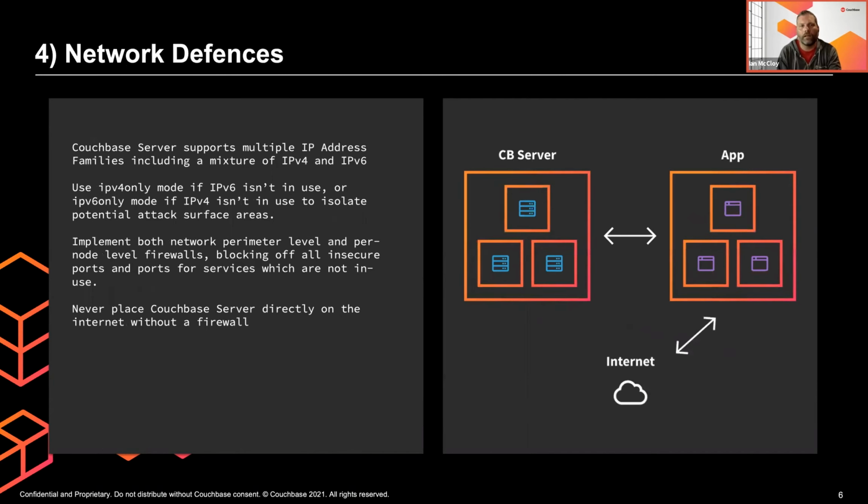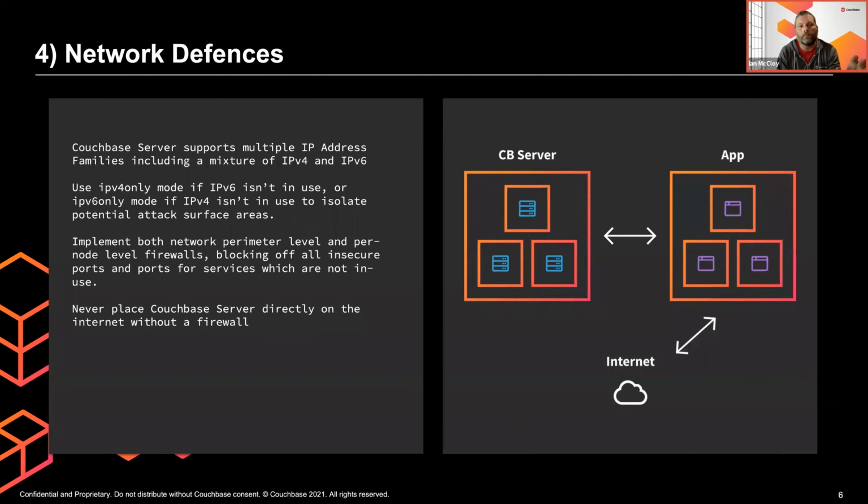The next area we're going to look at is network defenses. Network defenses is basically looking at how you protect the network, not just with the encryption, but making sure that you're blocking connections and not allowing connections where they're not needed.